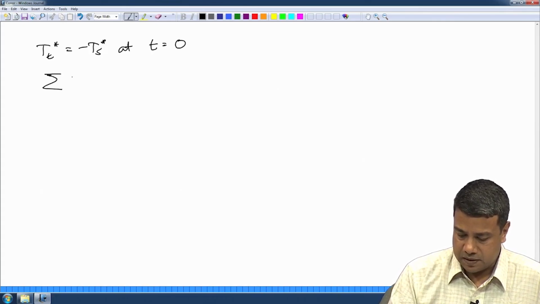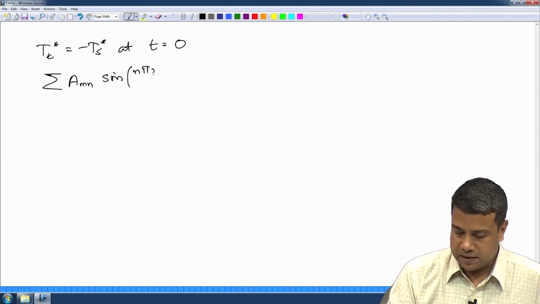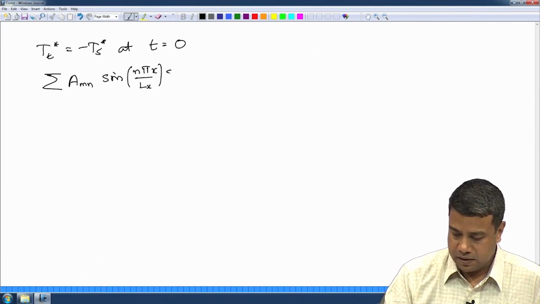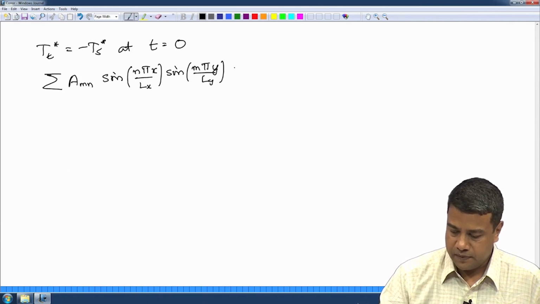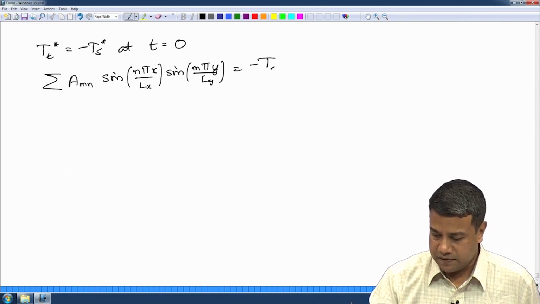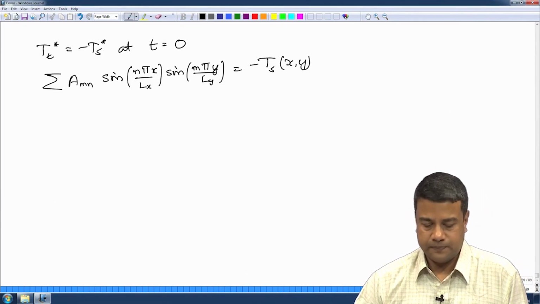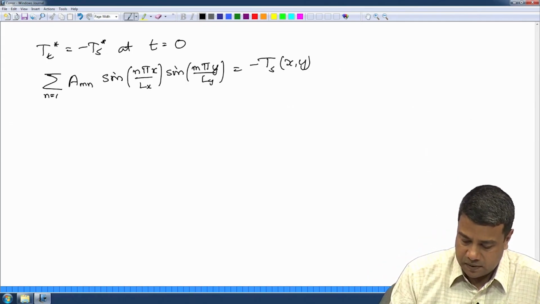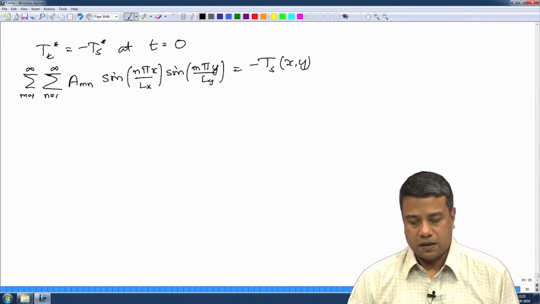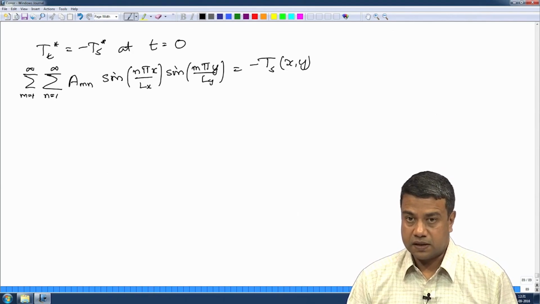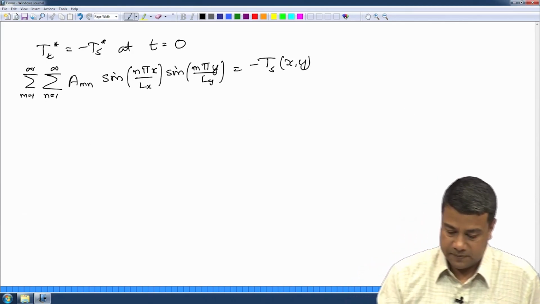I have summation of a m n sin n pi x by Lx sin m pi y by Ly is equal to this function of x and y. I just leave it as a function of x and y. This is summation n is equal to 1 to infinity, summation m is equal to 1 to infinity. Now, I have two functions in the x and the y directions, therefore, I need two orthogonality relations.